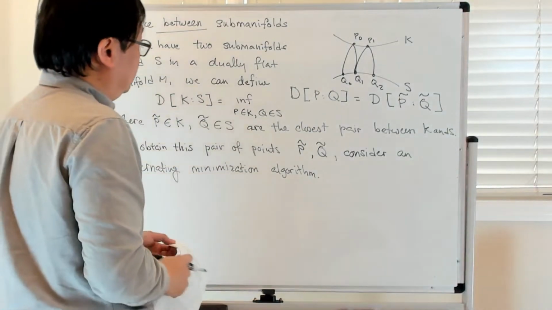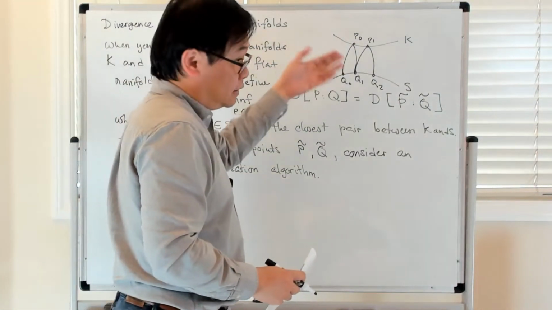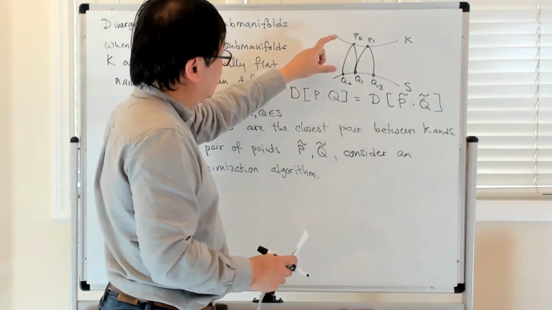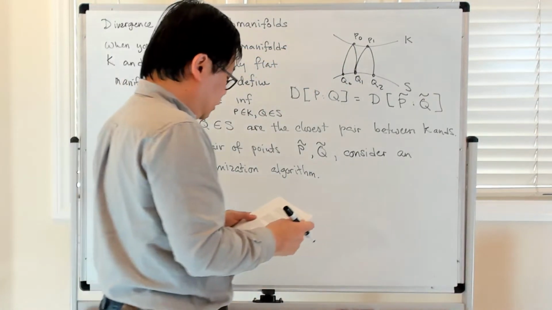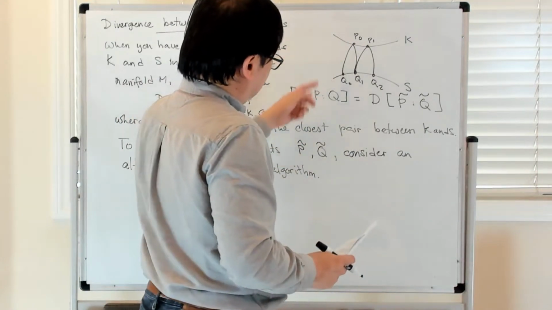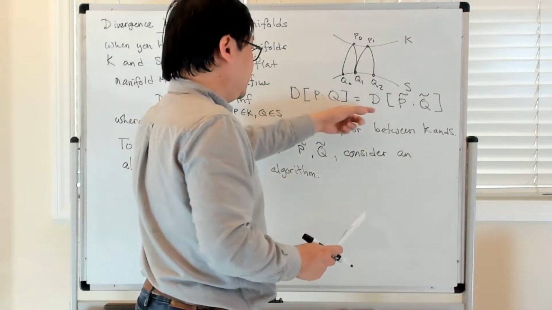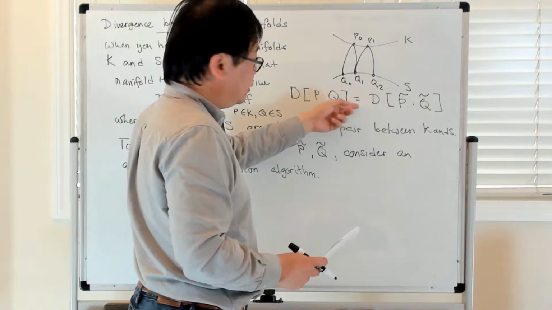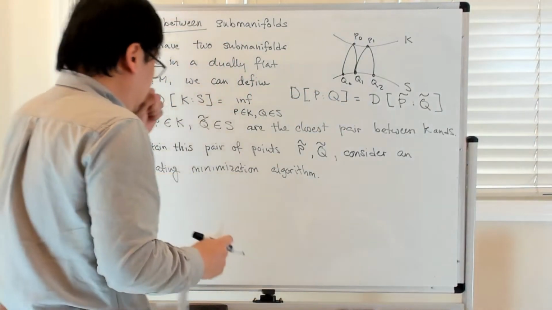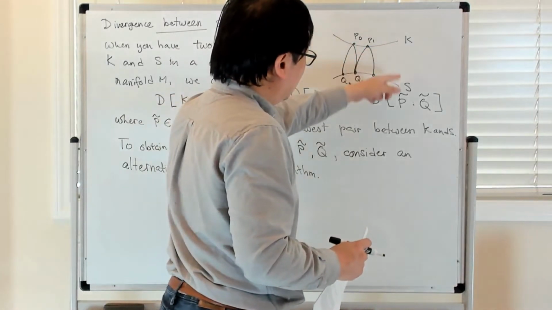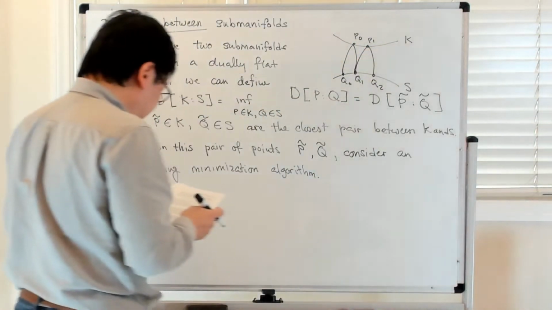So the hope is that, if this projection converges, then you would have a pair of points which is at least a local minimizer of this divergence between two points on this pair of manifolds.